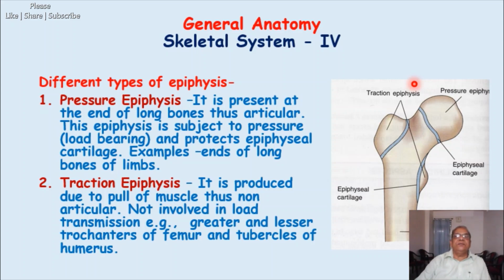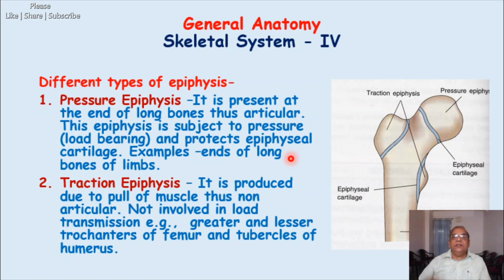This kind of bone which has developed from the pressure is called a pressure epiphysis, at the ends. Now this epiphysis is subjected to pressure, that is load bearing, as I told you, in the femur, the upper end and lower end, and in the tibia.